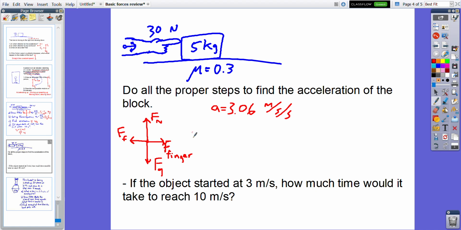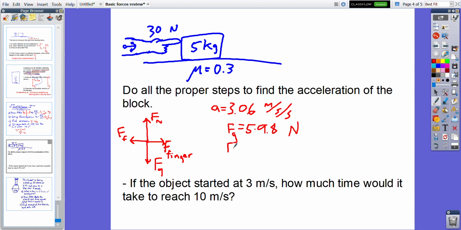Now, you're just going to set up your force equations from here. Do you need both the horizontal and the vertical? I don't think you do. Although you probably want to know how to calculate these numbers for all of them. For example, gravity is going to be mass times 9.8, so 5 times 9.8 newtons.